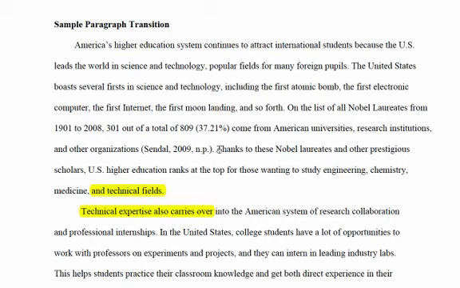Then we get this lovely APA citation, which you'll be learning about this semester, of Nobel laureates. 37% of Nobel laureates are related somehow to American universities. Thanks to all of these really famous scientists, people want to come here if they're studying in technical fields.